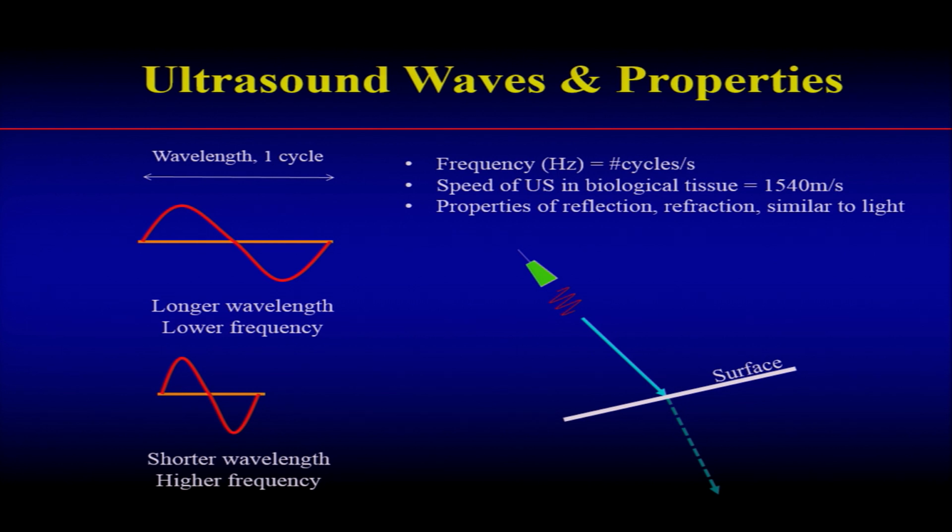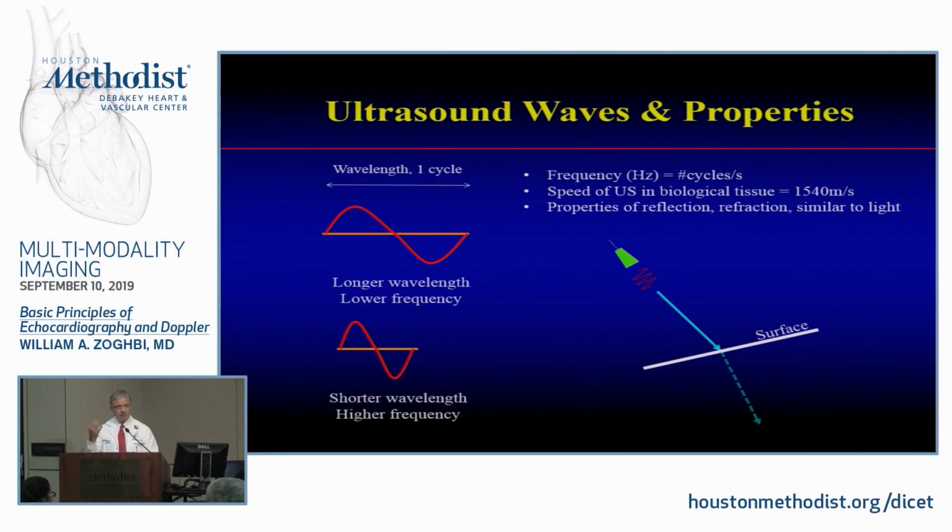If you have a surface that is very reflective, like a metal or calcium, most of it is reflected back, and not much goes through. If it is water, liquid, quite a bit of it continues further and further down, but some of it is reflected back. And as you know from the physics, it is reflected at a certain angle, the same angle relative to the perpendicular of the surface, but most of the surfaces that we deal with are not completely flat, so you can have different angulations.